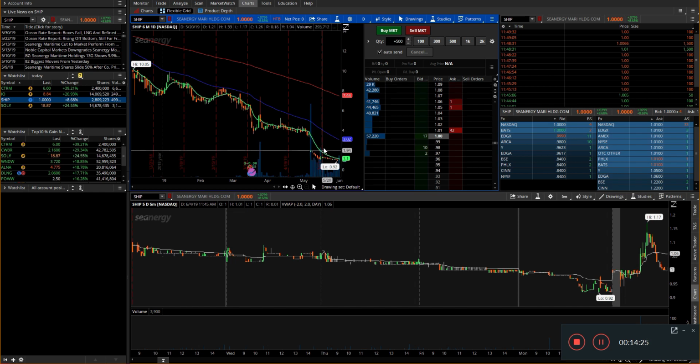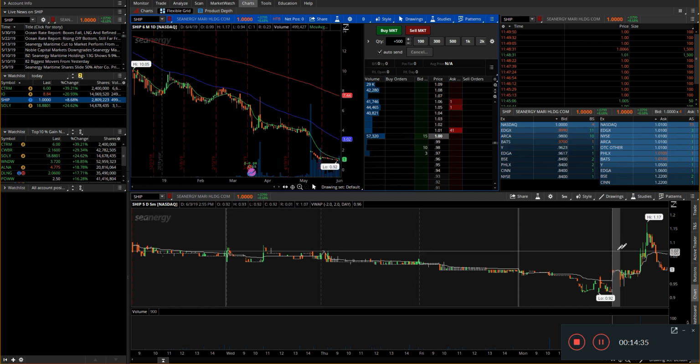When it comes around and gets up to this $2 mark, maybe in a couple weeks or something, that would be a good reason. And if it had a press release, that would be a better reason. But to play this stock today, it wouldn't be a good enough reason to me to try to trade it. Now it did move a little bit. It went from $1 to $1.17, so there was profit to make there.